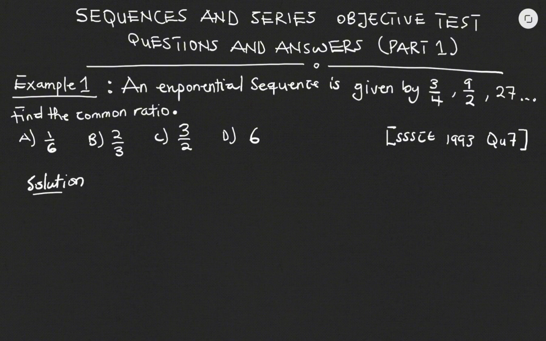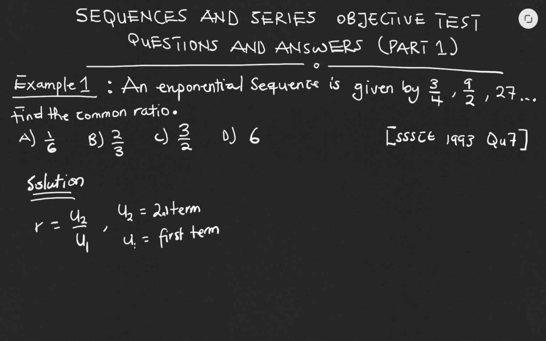Now to find the ratio in an exponential sequence or GP, the common ratio is equal to U2 over U1, where U2 is the second term and U1 is the first term.